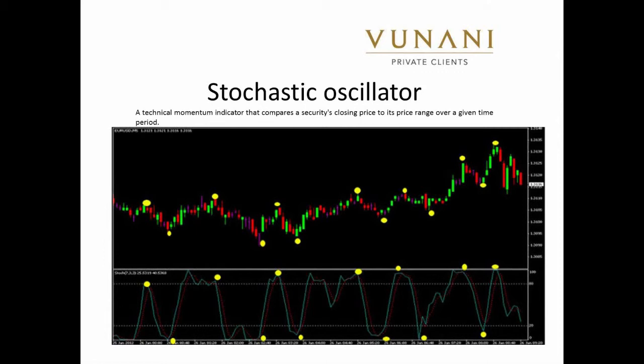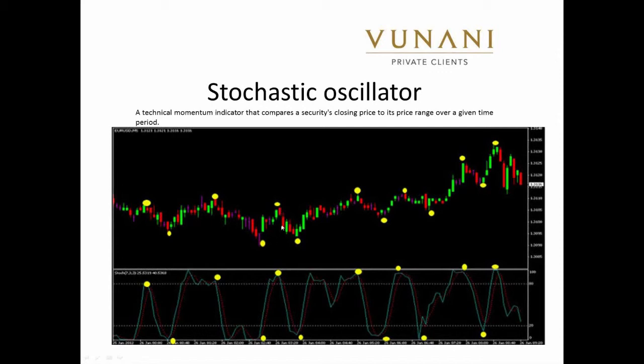And this tells you exactly what the momentum of the price is doing. So as you can see by the yellow dots, the little down portions of the share price normally coincide with the period where the share happens to be overbought, and vice versa. When a share starts turning up out of oversold territory, the share price generally tends to move up.